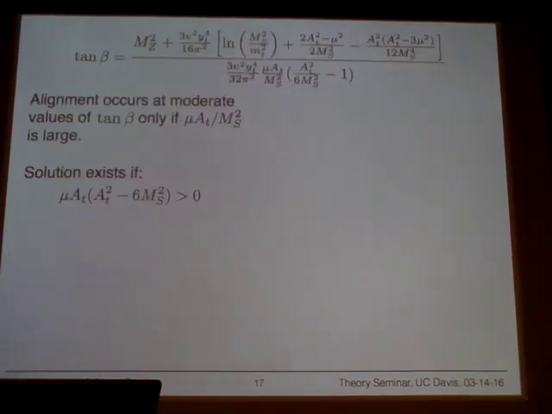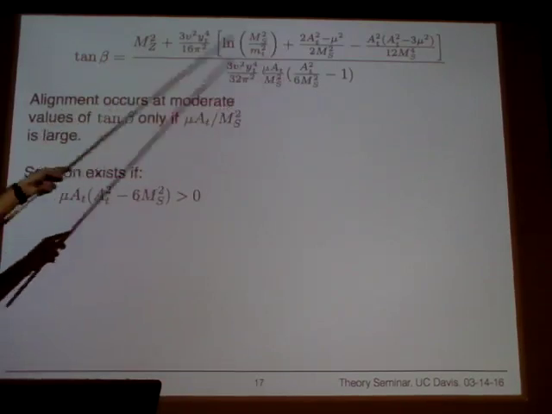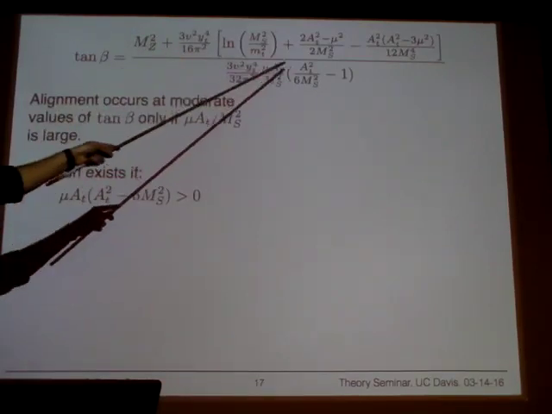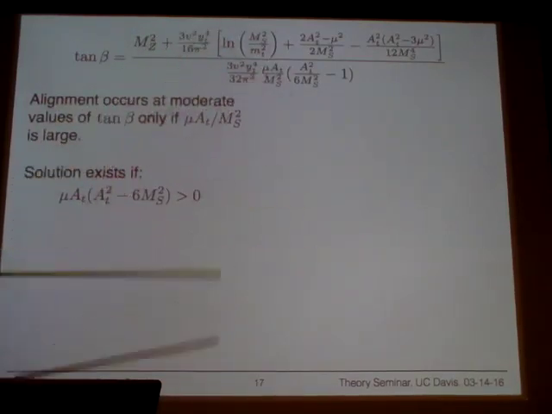So let's look at this equation again. If you just put in some normal standard values for these parameters, mu, A_t, M_S, and so on, then you end up with a tan beta value which is much too large to be phenomenologically viable. So you want to have the tan beta value as low as possible in order to obtain a standard model-like Higgs.